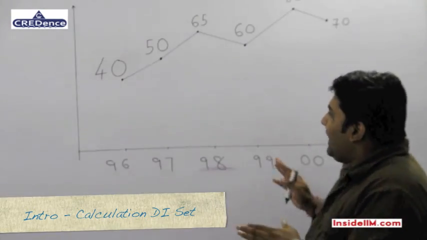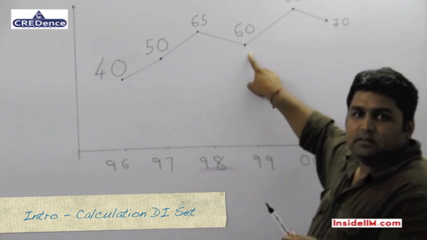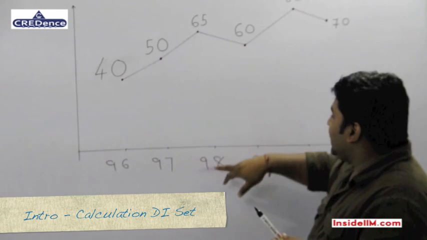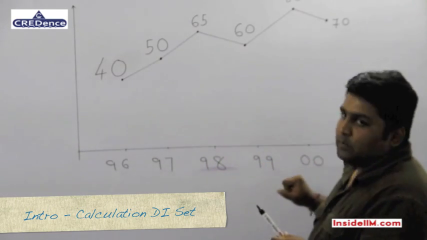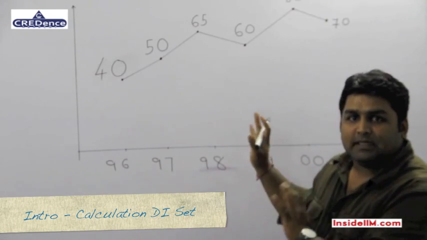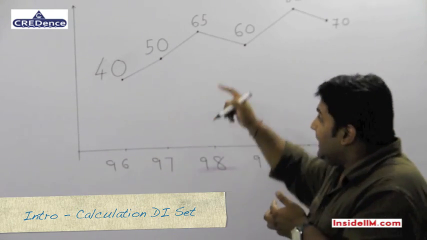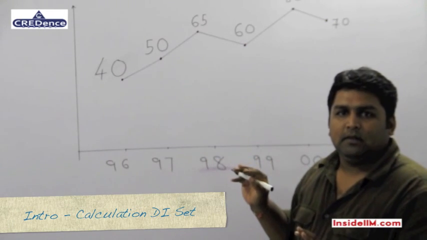Now when we look at normal line graphs, we always feel that a downward slope means a decrease, as in this case from the year 98 to 99 and from the year 2000 to 2001. But what we would miss in such a basic looking graph is that each of these values are percentage increases.